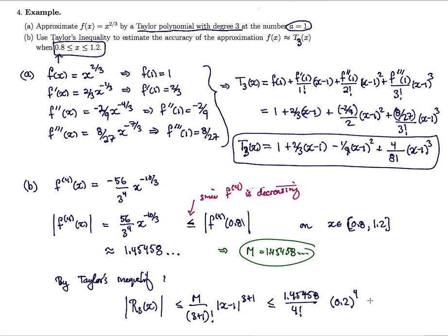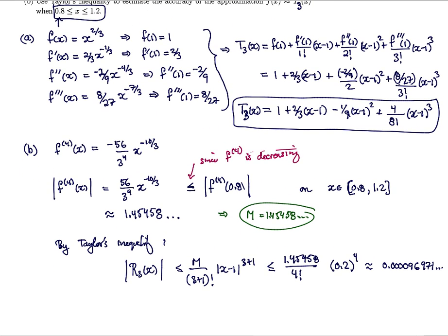And the power there is 4, and this is approximately 0.000969971. And so what we've found is that our remainder in using the third degree polynomial to approximate the function is bounded above by this number when x is in the interval 0.8 to 1.2.